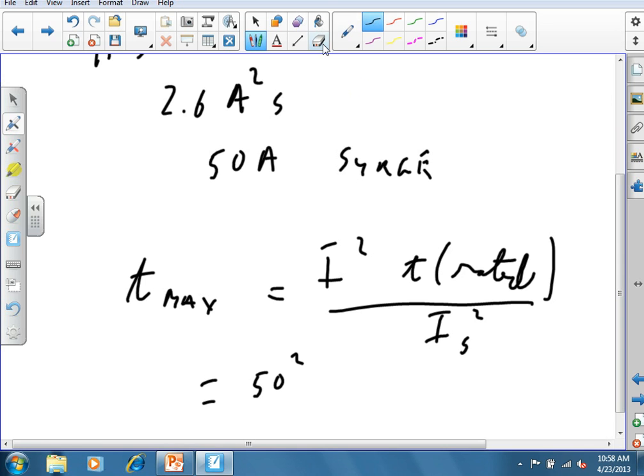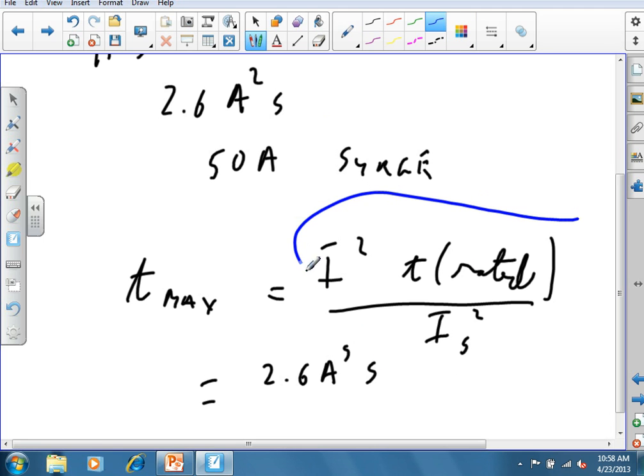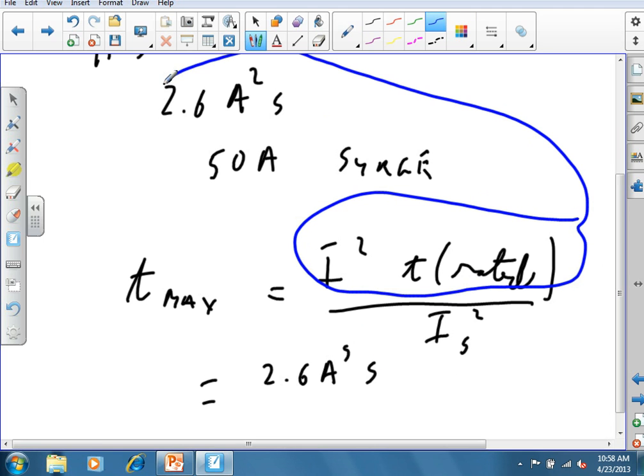Gotcha. No problem. Pay attention, Doug. 2.6 amp squared seconds, so that's everything that's on top, and I'm going to divide it by 50 amps squared.